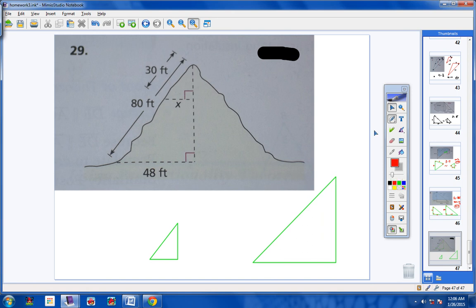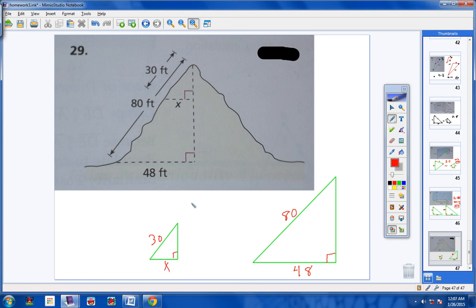And let's label as much as we can real quick here. Let's see, all the way up is 80, so I'll put 80 here. From here to here is 30, so I'll put a 30 here. All the way across the bottom, big triangle is 48. This is a right angle here. This is a right angle here. This is x right here.